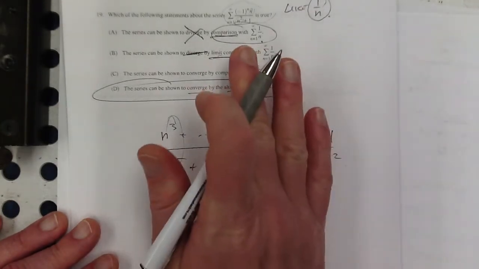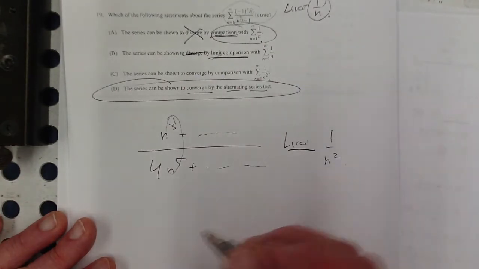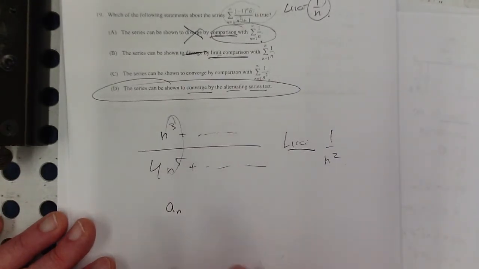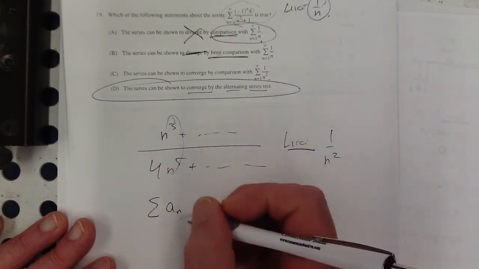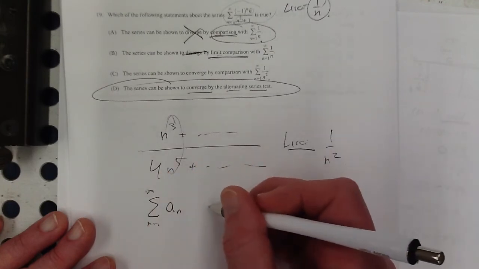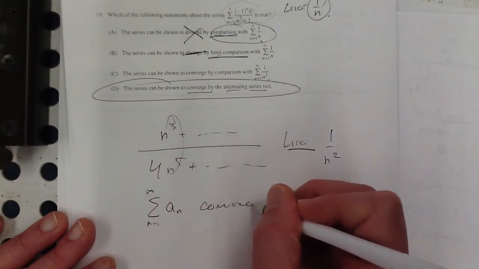And the comparison test is where you say, I have a series, let's say from n equals 1 to infinity, that I know converges.